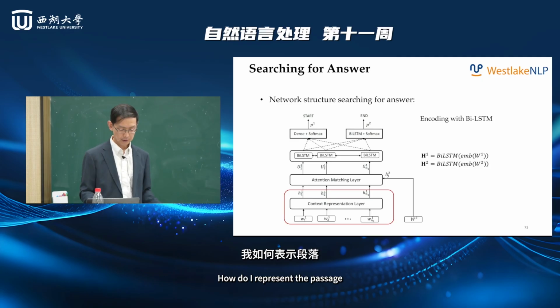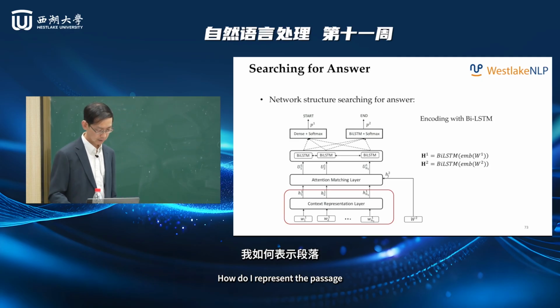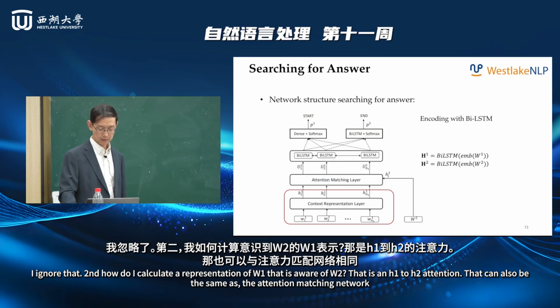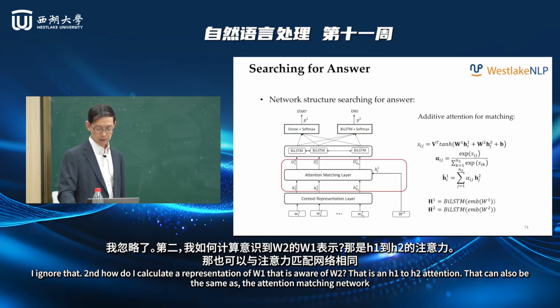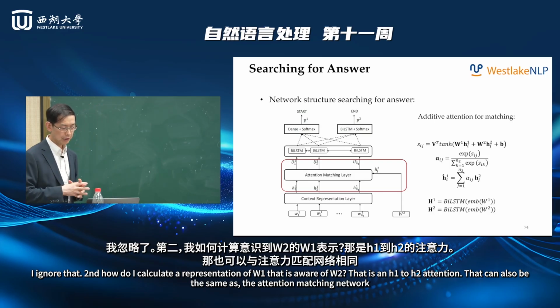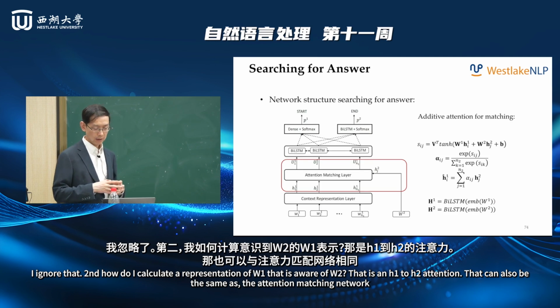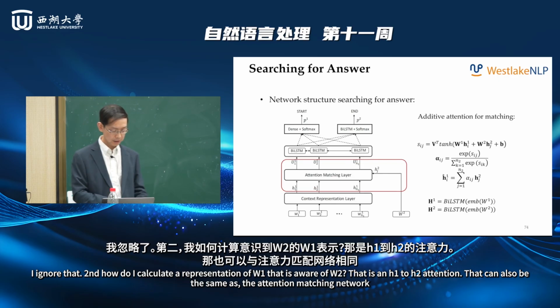How do I represent the passage? This is exactly the same as the attention matching network, so I ignore that. Second, how do I calculate a representation of W1 that is aware of W2? That is H1 to H2 attention. That can also be the same as the attention matching network.